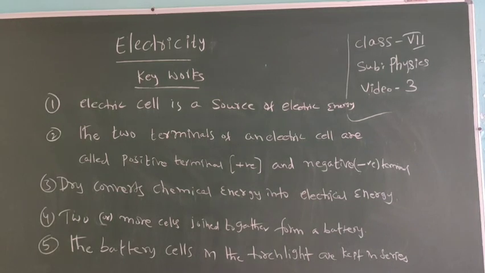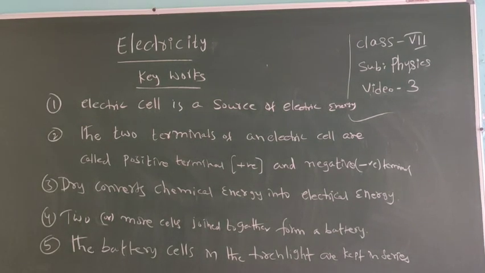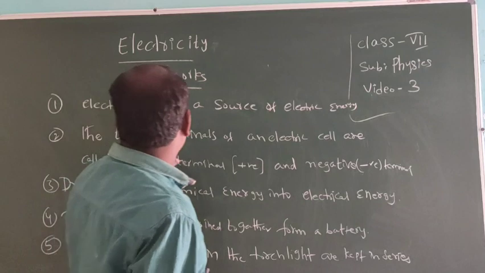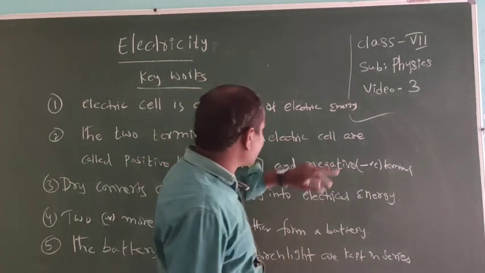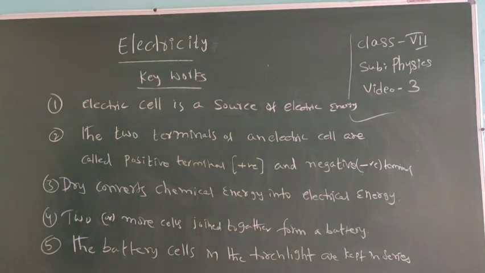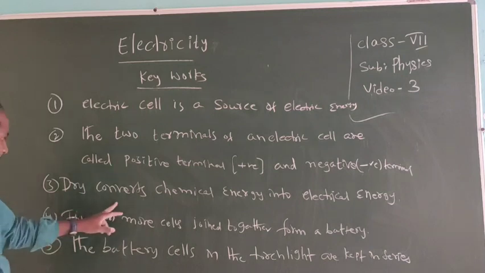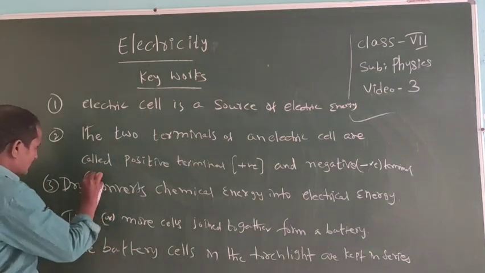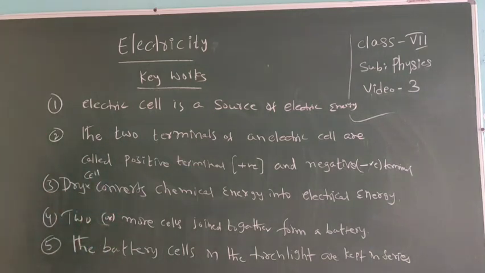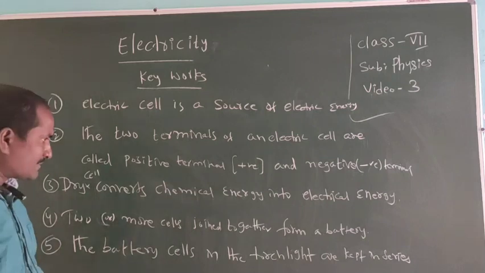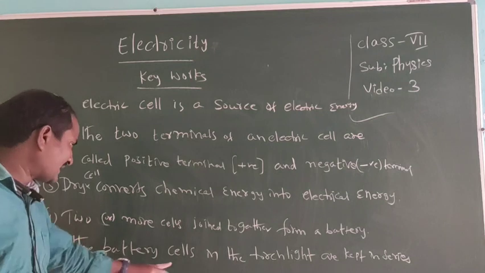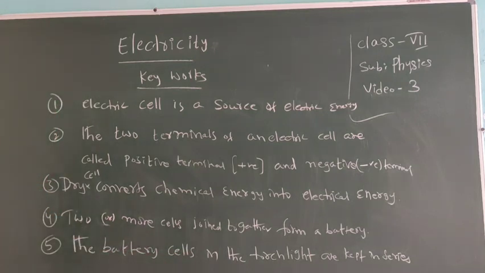Okay, listen once again. An electric cell is a source of electric energy. The two terminals of an electric cell are positive and negative. A dry cell converts chemical energy into electrical energy. Two or more cells joined together form a battery. The battery cells in the torchlight are kept in series.